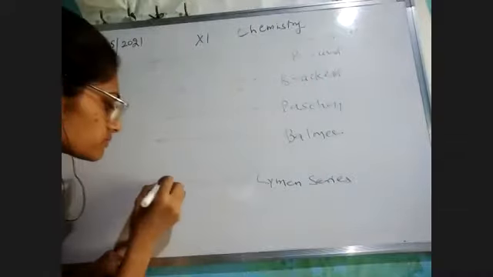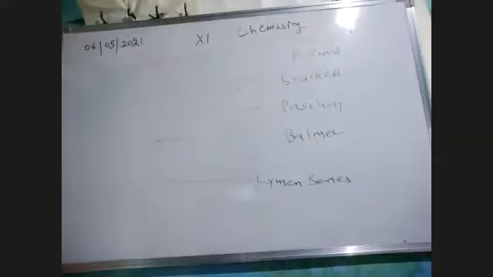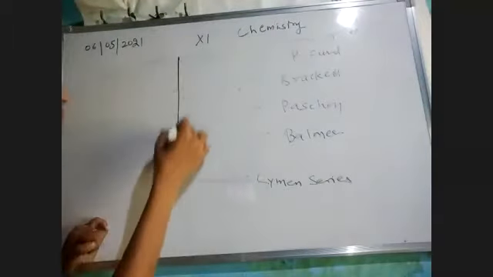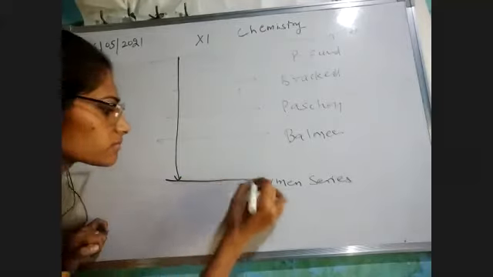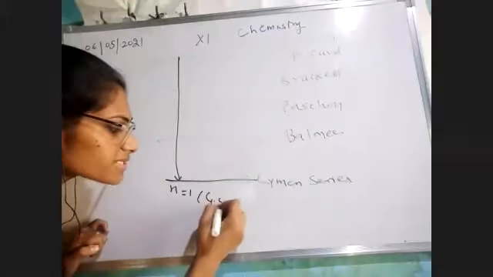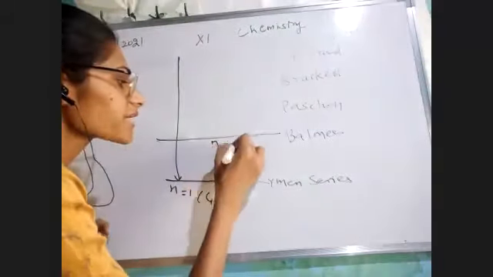Okay, let's start. Suppose this is n equals 1, that means ground state. This is Lyman series. This is Balmer series, n equals 2.